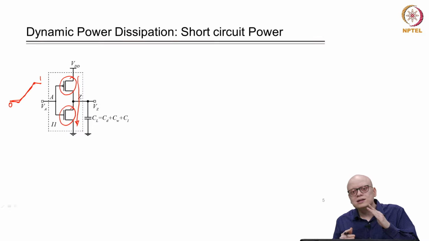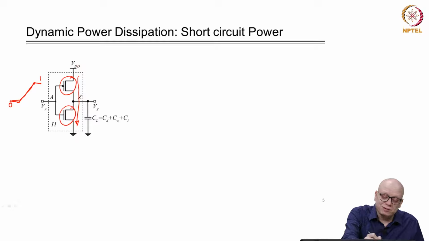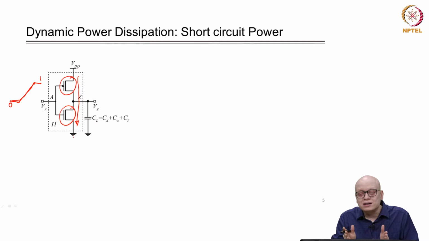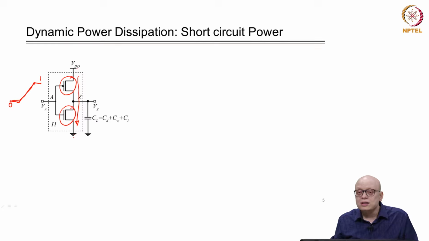If we increase the slew, it means that the transition is happening slowly, and in that case the time interval for which there will be a direct path from VDD to ground will increase. During this time, whenever there is a direct path between VDD and ground, the power that is dissipated is known as short circuit power.